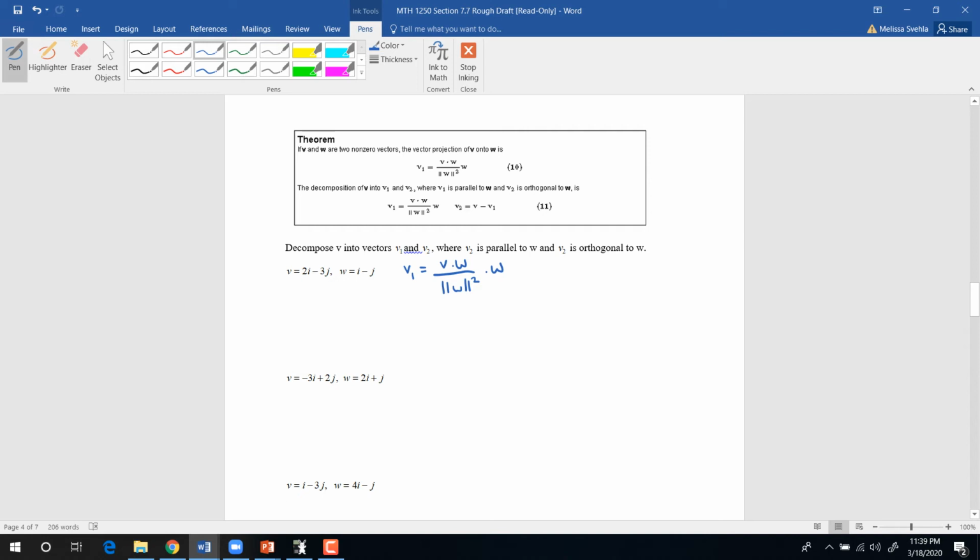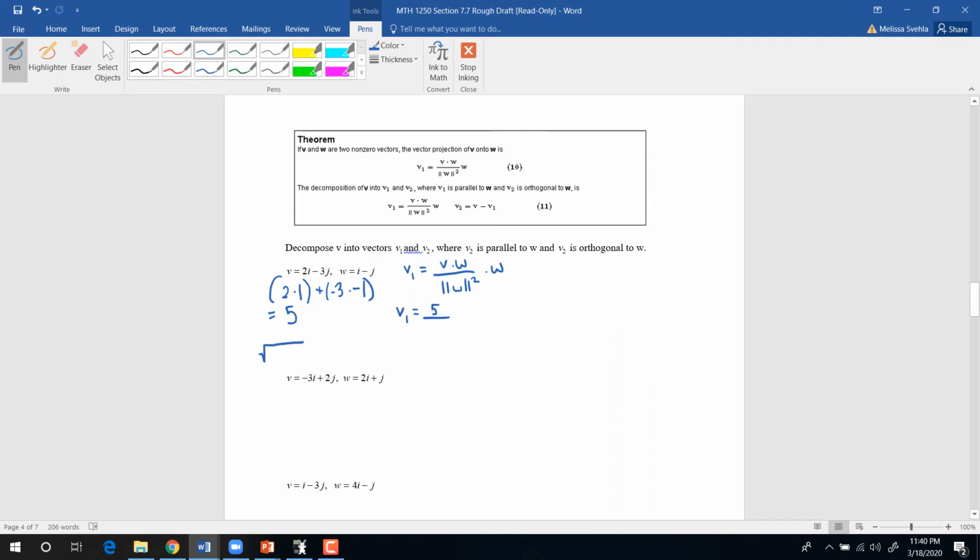So let's look at this here. This is what I'm going to do. v dot w, I can see, is 2 times 1 plus -3 times -1, equals 5.